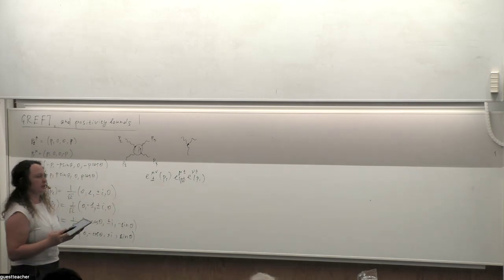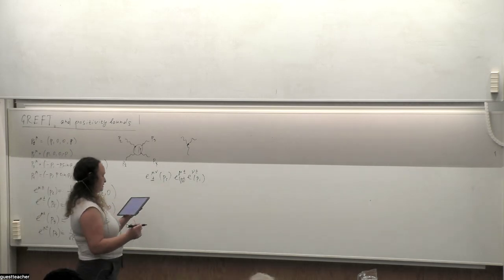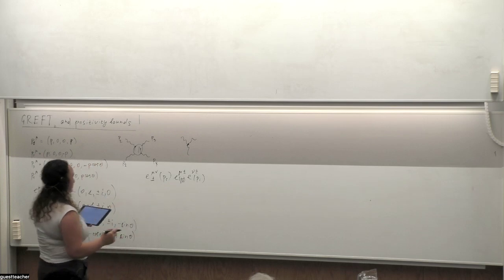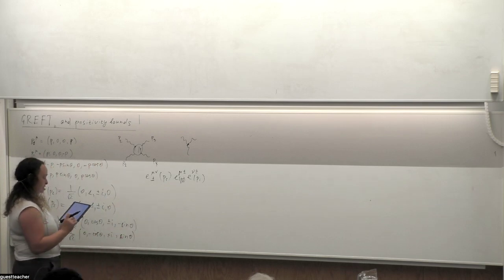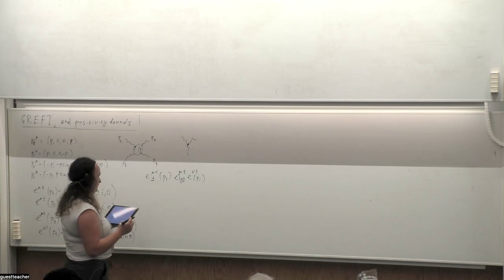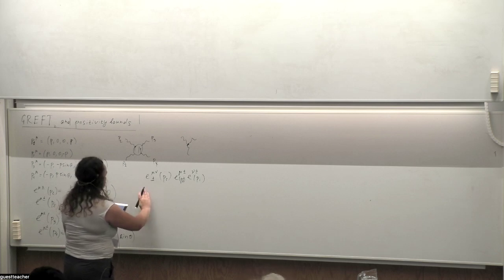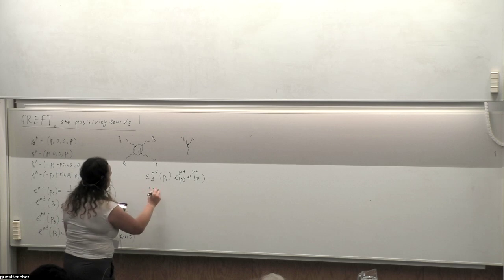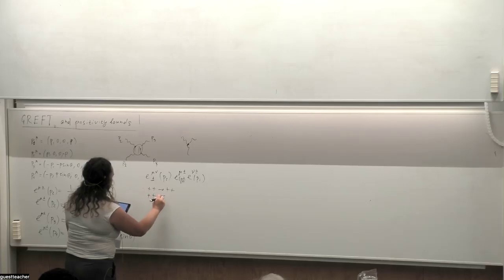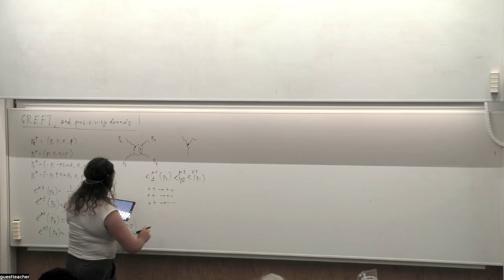So then if our theory is parity symmetric, we can have only 3 linearly independent graviton scattering amplitudes, corresponding to the scattering of plus plus to plus plus, plus plus to plus minus, plus plus to minus minus.